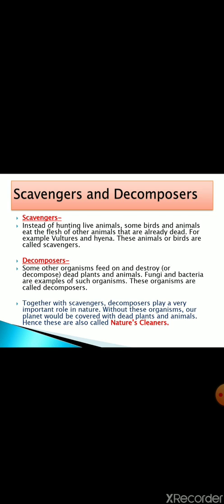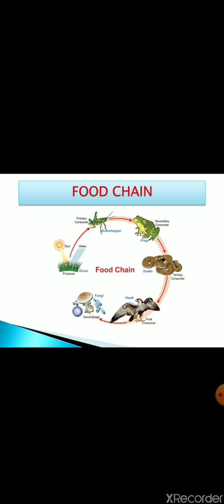That is why they are cleaning the earth. Okay, so hence we can call them nature's cleaners. So who are the nature's cleaners? All the scavengers and decomposers. So any example which falls into scavengers or decomposers, you can say these are nature's cleaners. Okay, I hope it is clear to you.